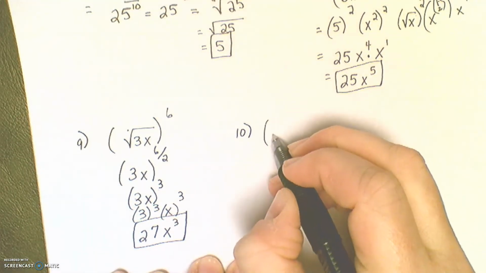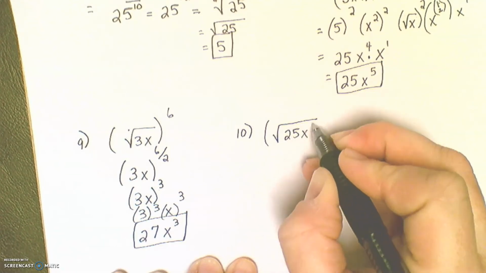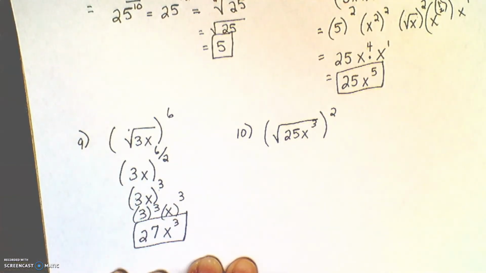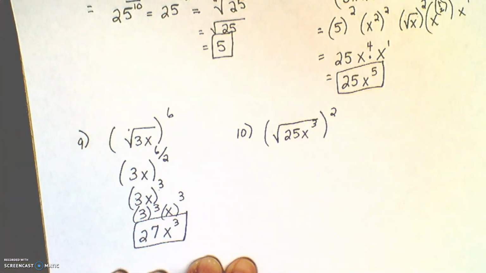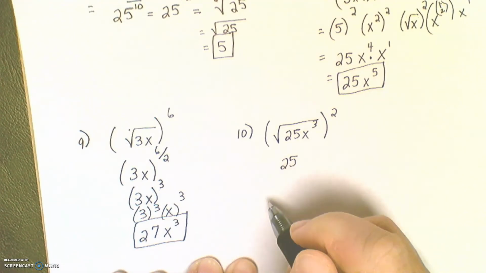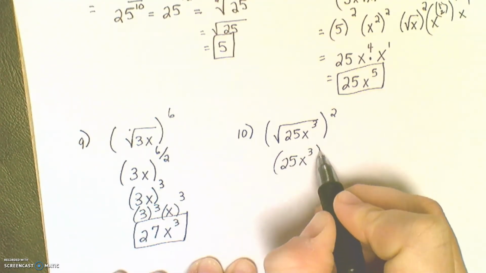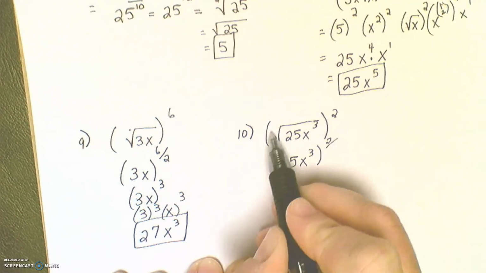Let's do the square root of 25, x to the 3rd. All of this is squared. Write this using rational exponents. So I have 25 x to the 3rd. Exponent is 2.